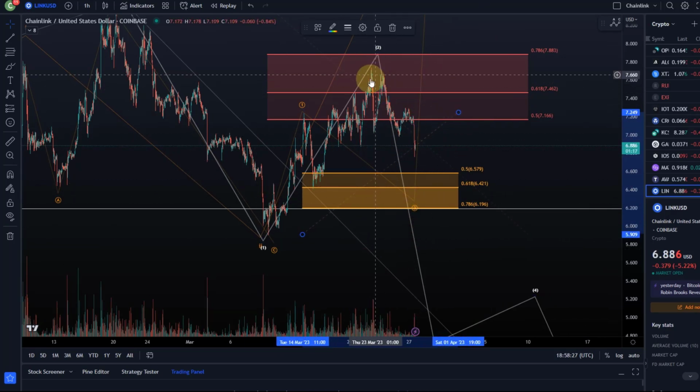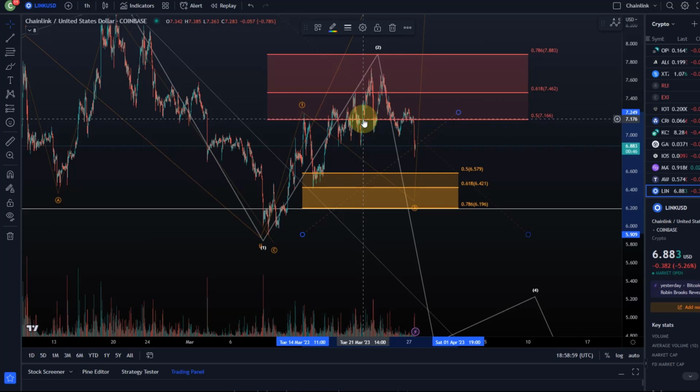Yes, we are also below resistance. That's true. But like many other coins, at least if I consider Bitcoin and Ethereum, the overall trend is up. With LINK, that is not so clear because it has just been moving sideways for nearly a year. But I rather relate it to Bitcoin, where the entire trend is up since the November lows, so with LINK it would also be a little bit more likely to move further to the upside.